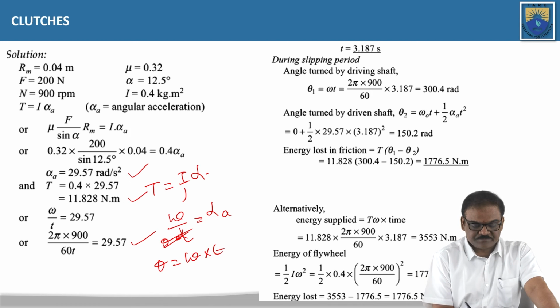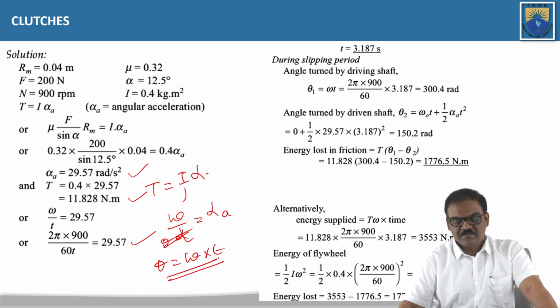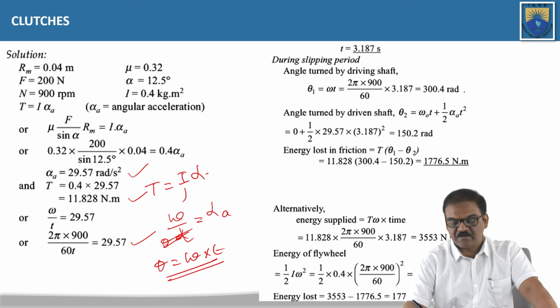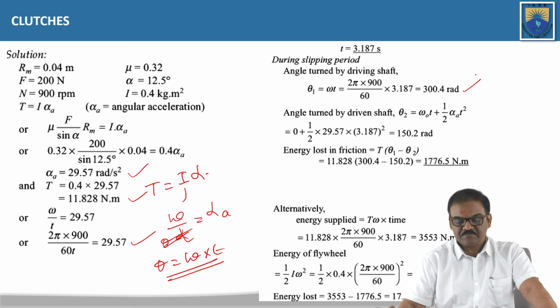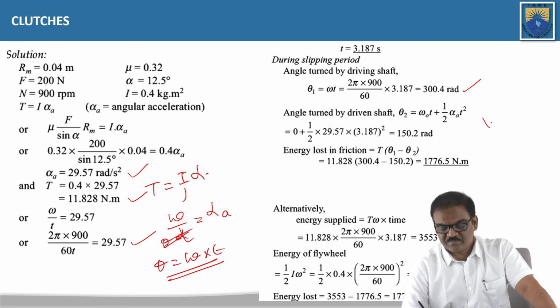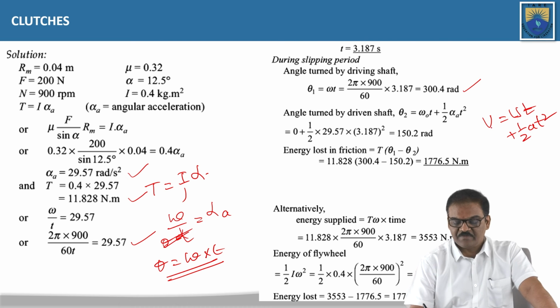During the slipping period, the angle turned by the driving shaft is theta is equal to omega into T. That is the formula. Therefore, theta 1 is equal to omega into T, 2 pi into 900 by 60 into time, that is 300.4 radians. Angle turned by the driven shaft, theta 2, by physical applications, is from the formula s equal to ut plus half a t square.